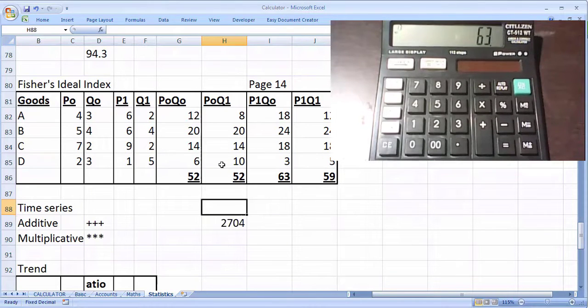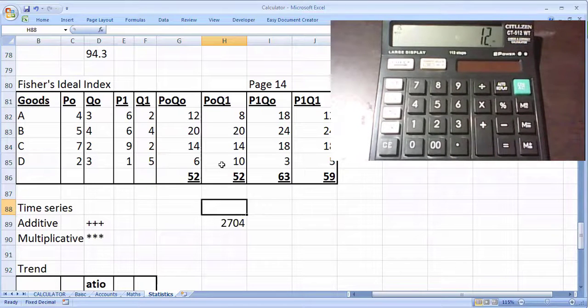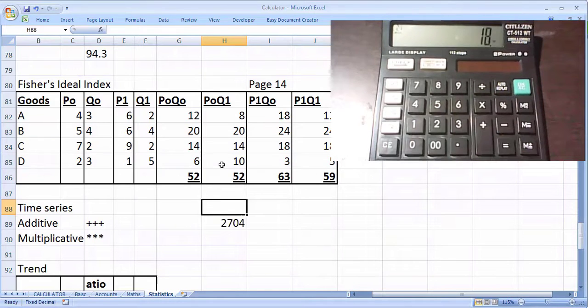Now the P1Q1 values, Nana. 6 into 2 equals, 6 into 4 equals, 9 into 2 equals, 1 into 5 equals, grand total 59. We got the grand total.